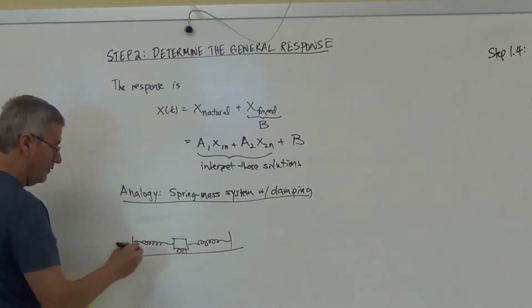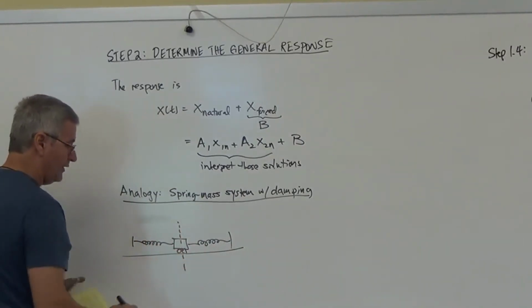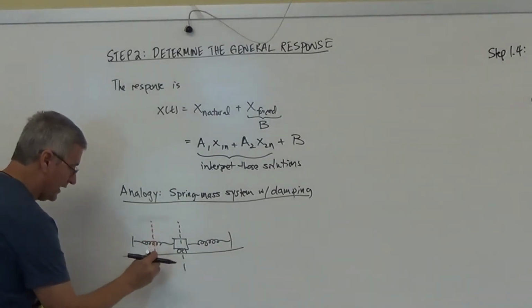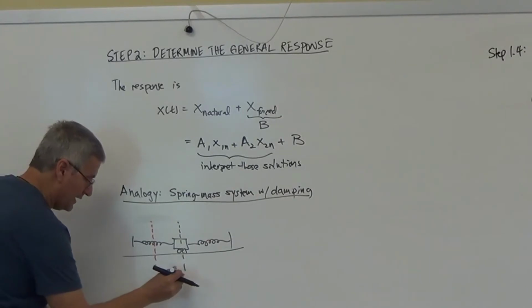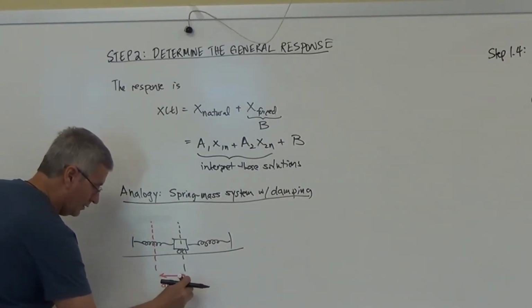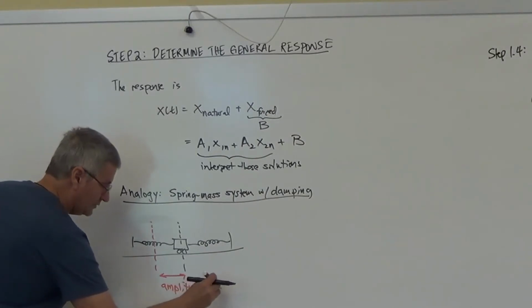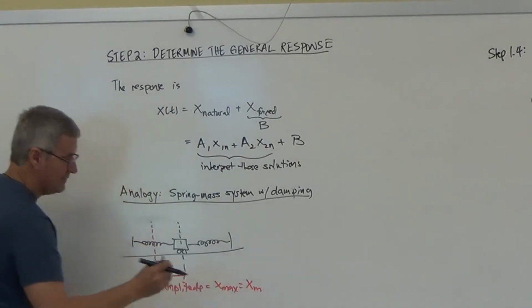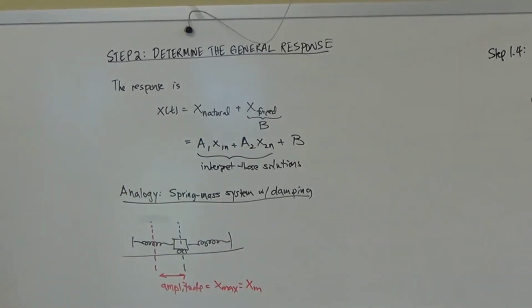And from the equilibrium point, this cart is stretched out such that it has an amplitude equal to xm, where xm is the maximum displacement from the equilibrium.